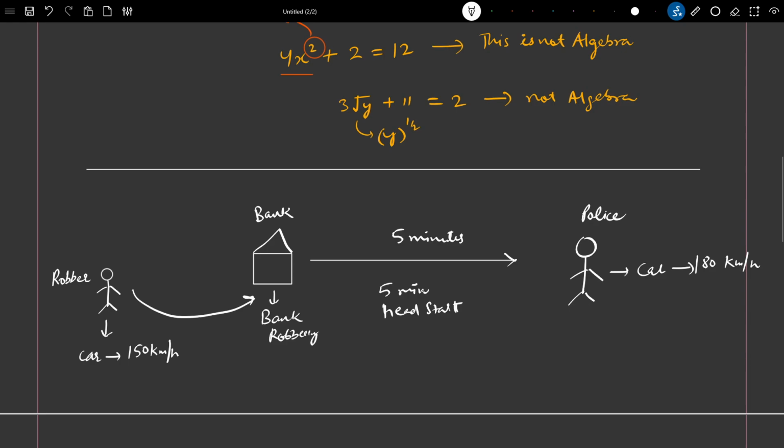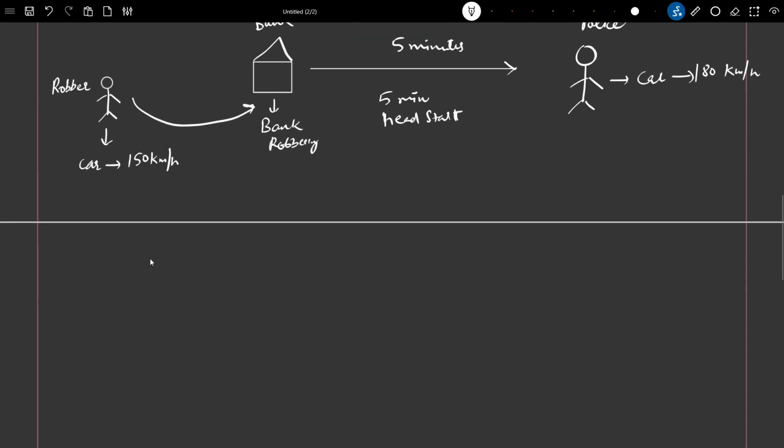Now, with this scenario, we know that there is a bank robber. He did a robbery. He has a 5 minute head start. Police also has a car. Robber also has a car, and their speeds are 150 kilometers and 180 kilometers. We have to answer two questions here.